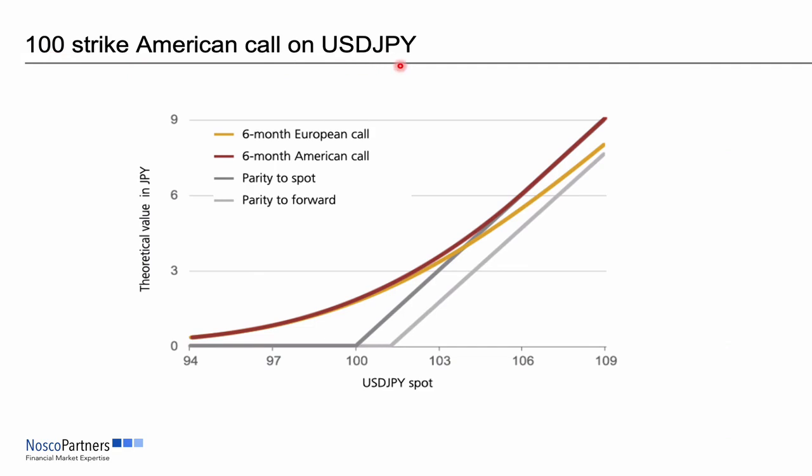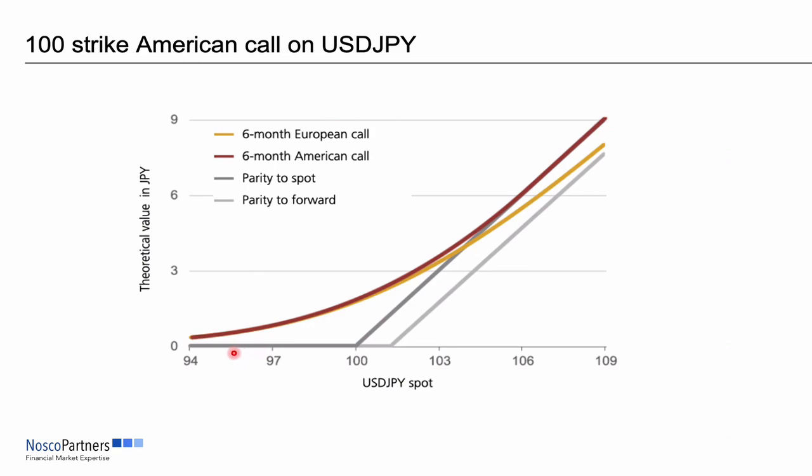And that's the option. The right to buy dollars for 100 yen. And I have here a graphical representation. So I have here 4 lines. You see the dark gray line. I did this with the model we built together in module 5, right?